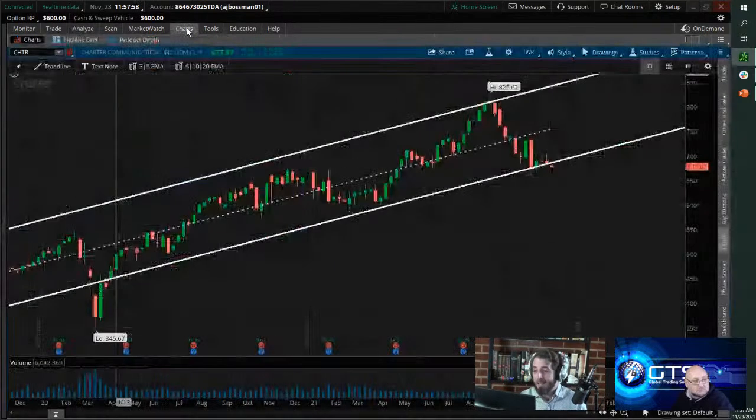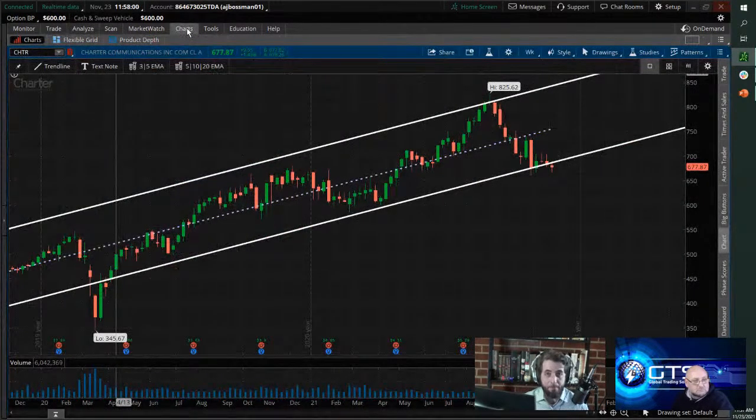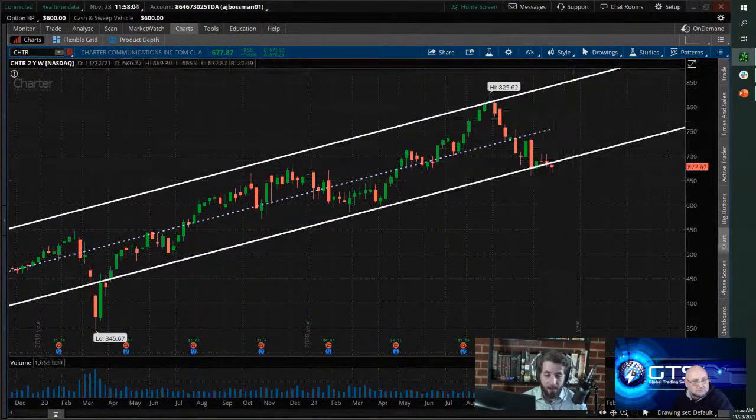And again, the beautiful part about having that back month option is as I'm riding this move back up, if I go high, I'm just going to go ahead and exit the position and take my money off the table. It's done its job.